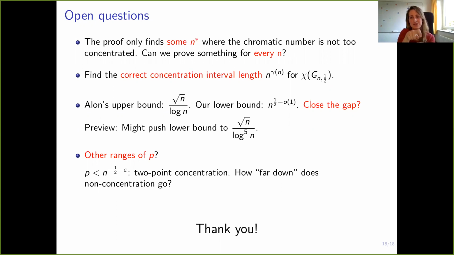But by continuity, the probability that you have chromatic number K is a continuous function in p. So it can't jump up discontinuously from being close to 1 for K to being close to 1 for K plus 1. Somewhere in between, if you pick the right p, it has to have weight, say 1/2 on K and K plus 1.